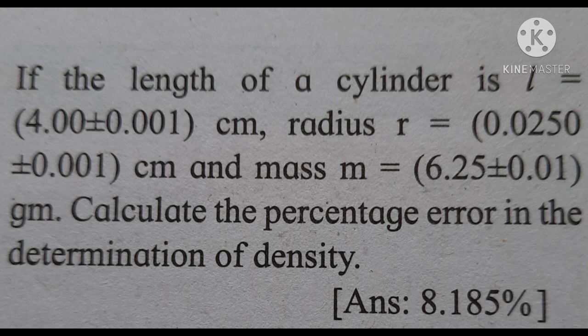Similar to that for mass. Mass is measured with the help of a balance, which has a least count of 0.01 gram. Therefore, the maximum possible error in the measurement of mass is 0.01 gram.